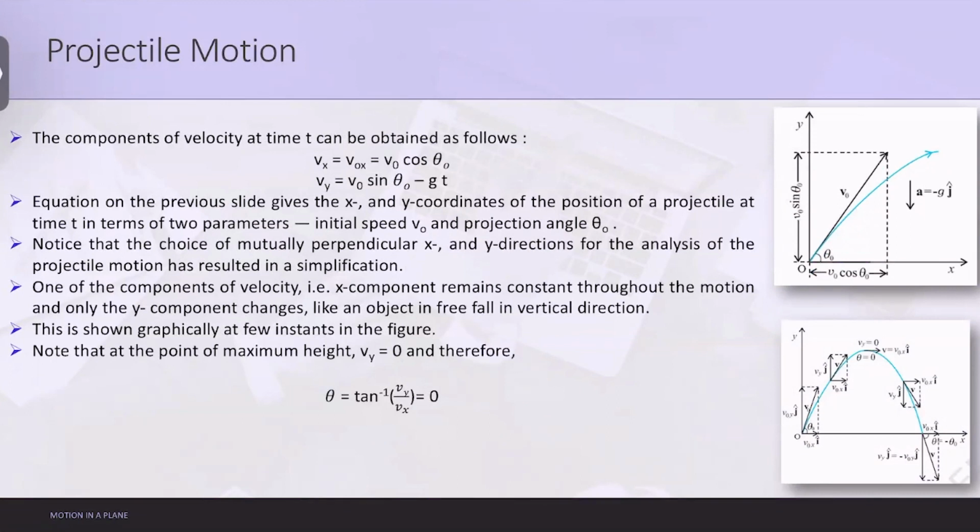Then velocity in x is v0 cos θ0, which as you can see is independent of time t, and velocity vy is equal to v0 sin θ0 minus gt. Okay, then anything else? This was the path.